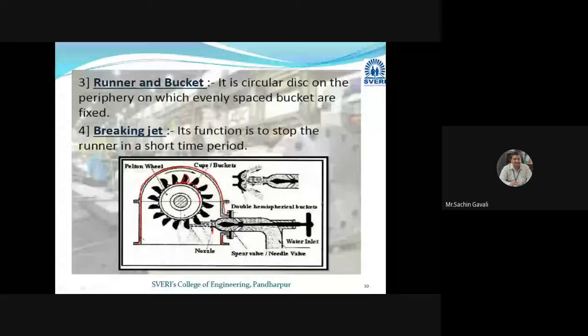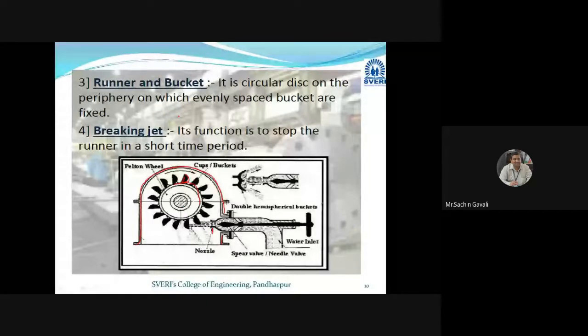Why is it called a runner? Because due to the splashing of the jet on these buckets, they rotate, and the buckets are mounted on this shaft. It is rotating, therefore it is called the runner, and the shaft is also rotating. So the runner and bucket is one of the very important components of a Pelton wheel.